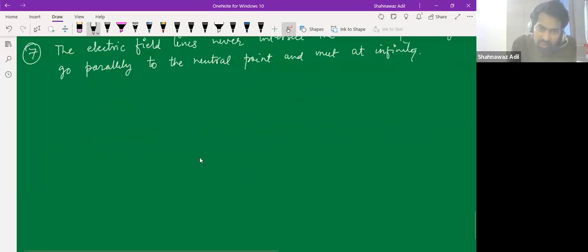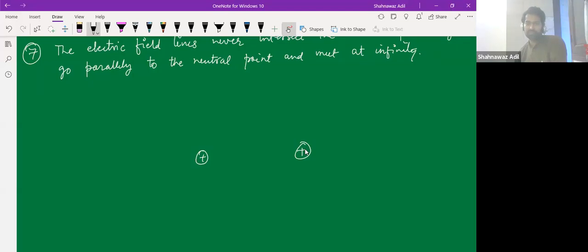So we have these positive charges, right? And what is the neutral point? Can you guys tell me? Neutral point we had when we were doing the symmetry of the charges. What is the neutral point, guys?